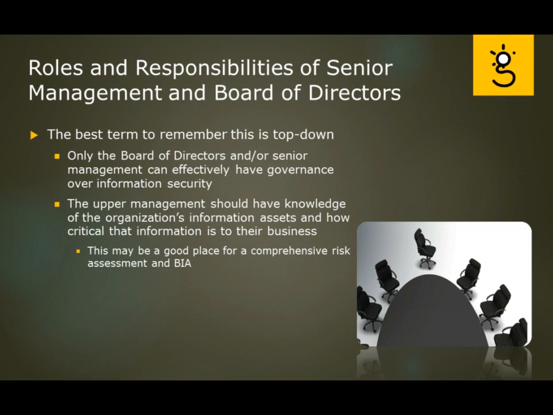This is also probably a good place to have a comprehensive risk assessment and a business impact analysis done on the IS, or the information services, so we can see how that equates to the priorities of what it takes for this company or organization to be successful. Remember, the term top-down means that we're putting these policies and this governance into place at the top, so that there's real power in the policies and procedures that come down from the top level to affect how the company is run.